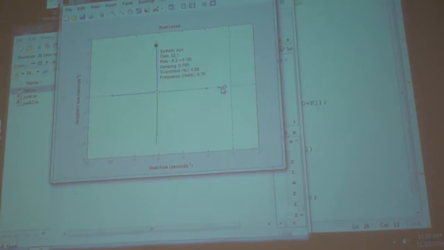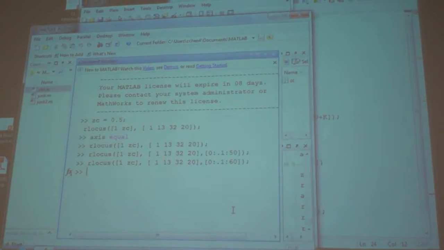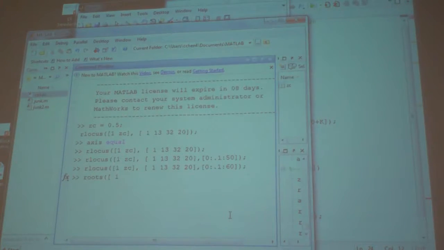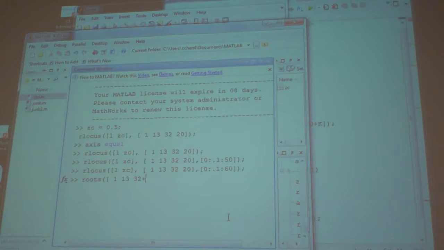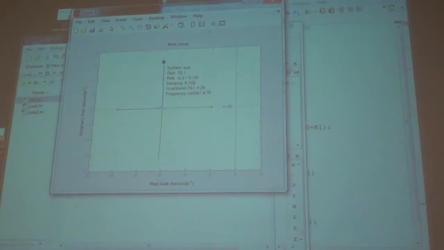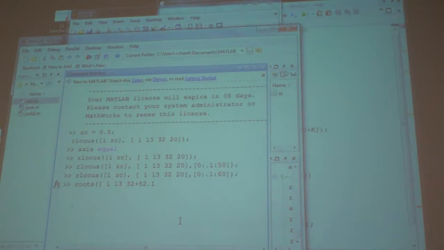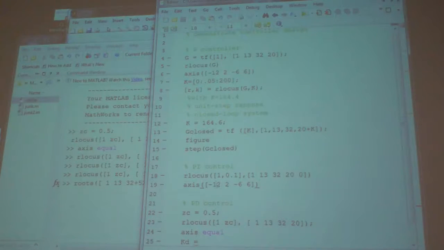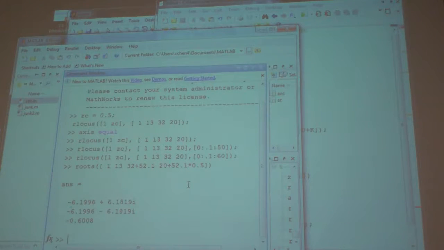Want me to do it, or I can skip? You can do it. Right now it's 52.1, and the third coefficient is 20 plus 52.1 times ZC, and ZC in our example is 0.5.